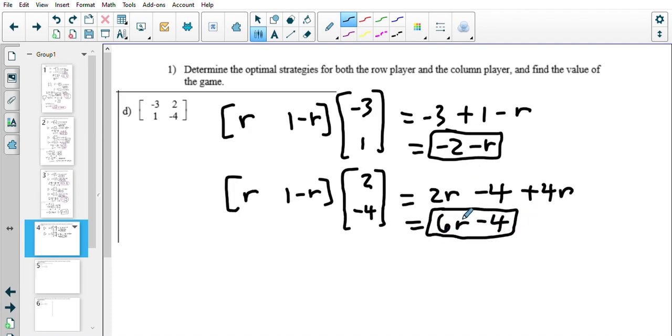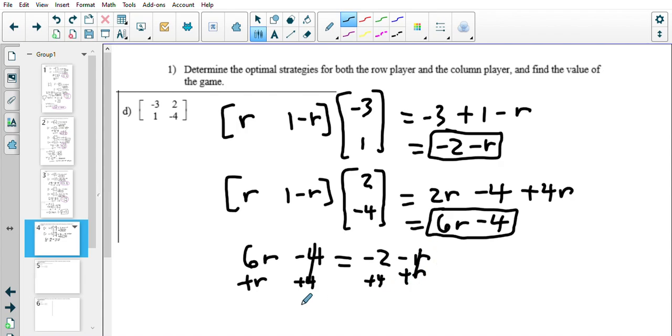So we'll set these equal to each other to find the value for R that optimizes the game for the row player. So let's add R to both sides, and we'll add 4 to both sides. That gives us 7R equals 2, or R equals 2/7.